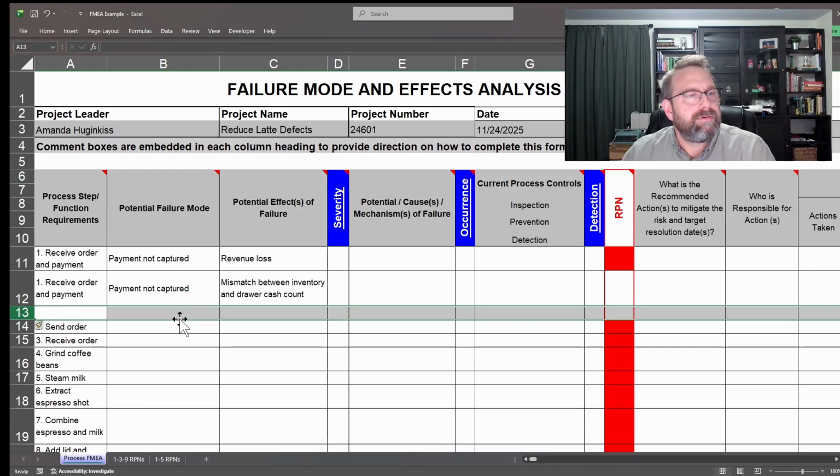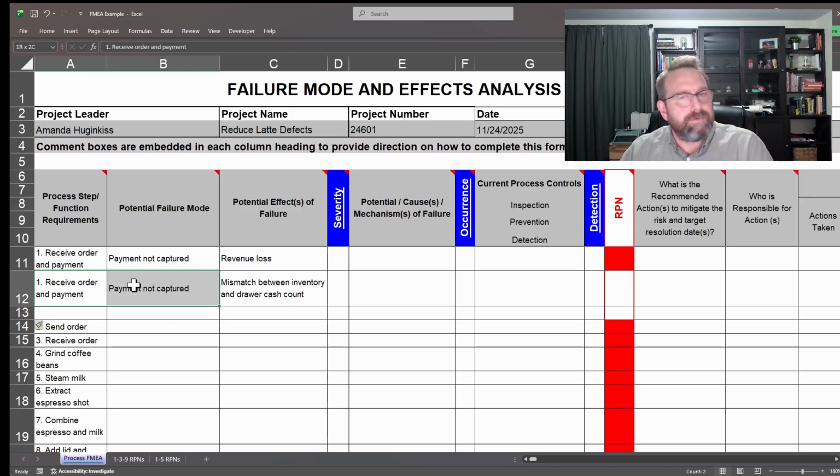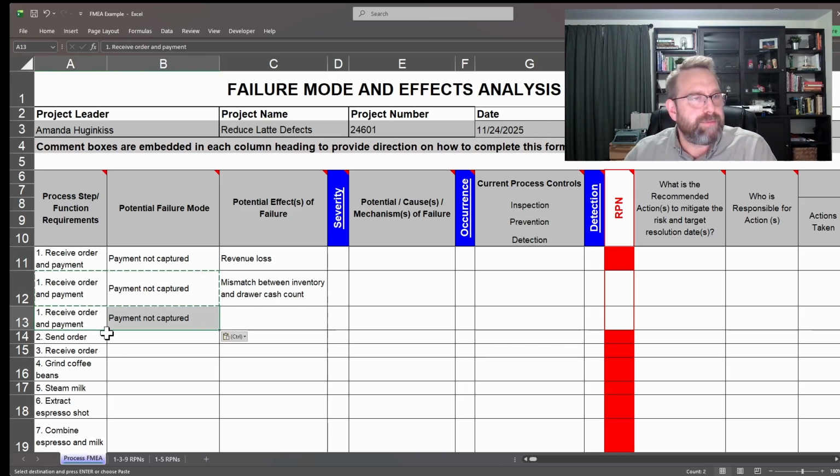Let's think about, when we facilitate these sessions, don't forget about the customer. What's the effect on the customer? So there may be an issue where there's a customer dispute, perhaps. So if the payment's not captured, I don't know if that could happen. So again, this is what we would hash out.